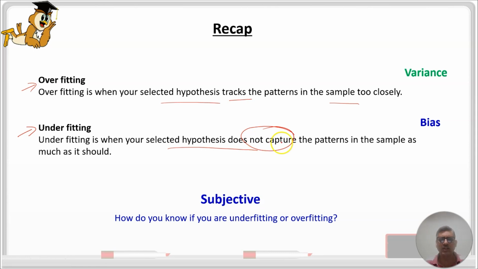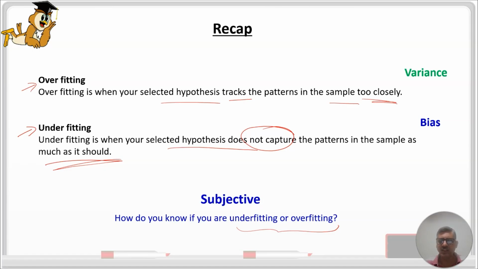I mean, we've used words like too closely or as much as it should. So these are of course subjective terms, and we need to quantify them a little bit moving forward. And the other question that you would have in your mind is, how do you know if you're underfitting or overfitting?